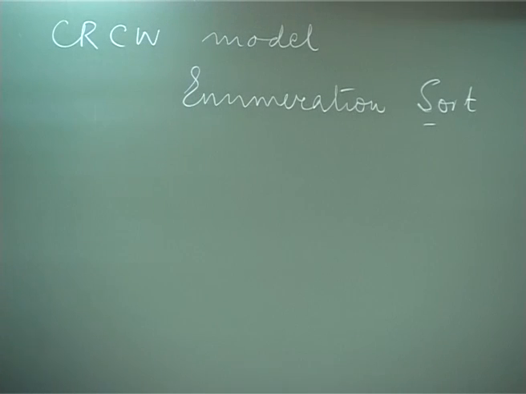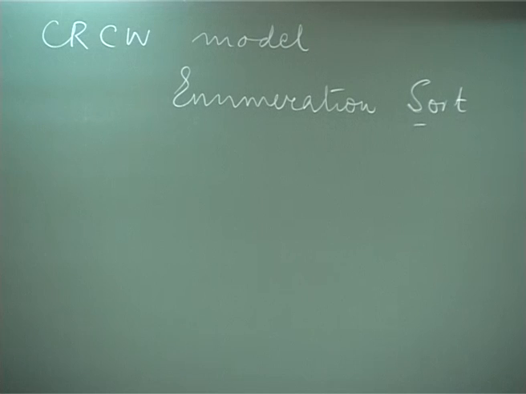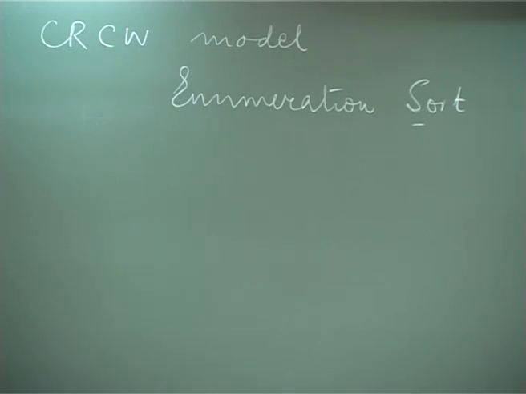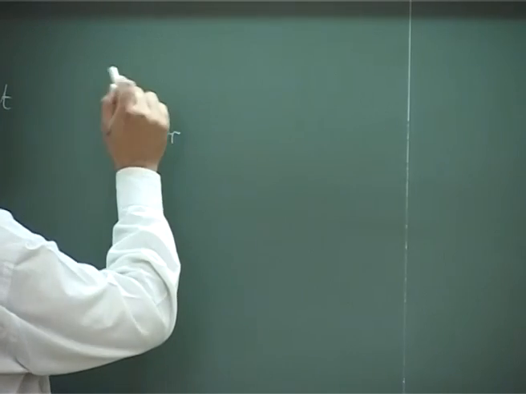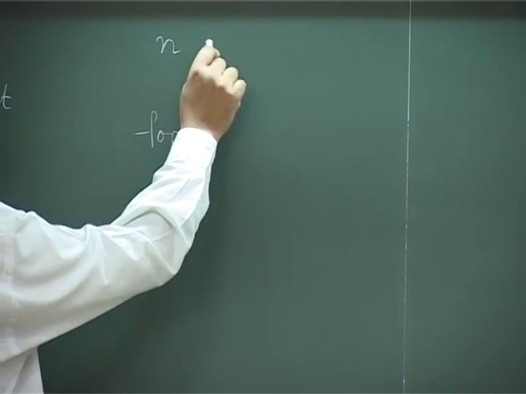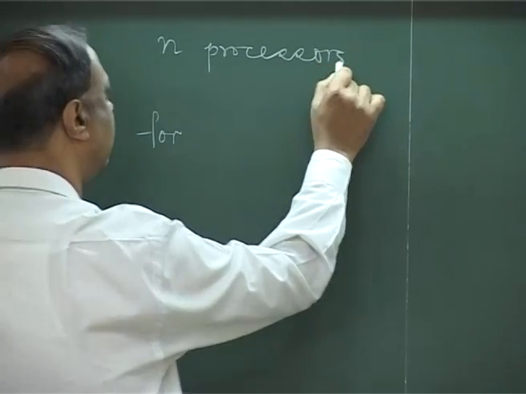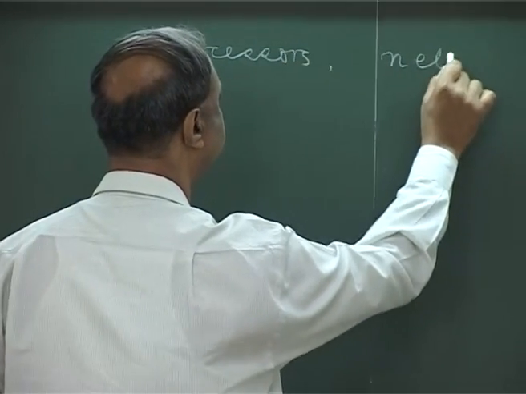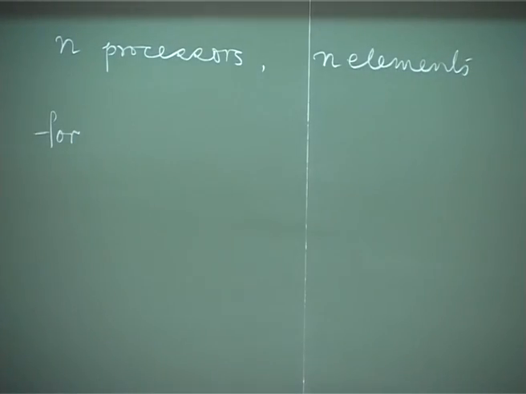You remember that enumeration sort is nothing but that every element is compared with every other element, and it keeps the rank and then moves the data into that position. So here also same thing. Suppose I have n processors and n elements to be sorted.